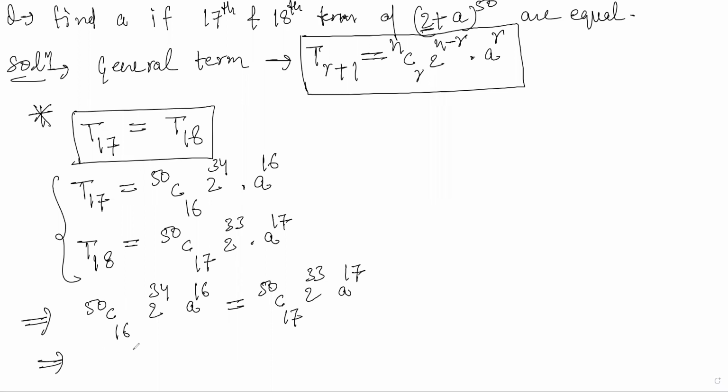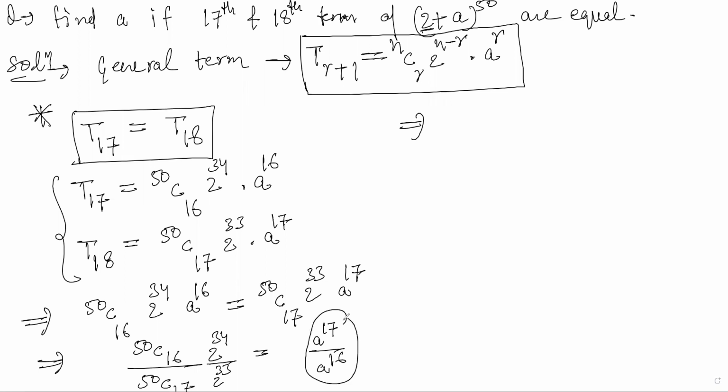You can simplify this: 50C16 divided by 50C17 equals 2 to the power 34 divided by 2 to the power 33, into a to the power 17 divided by a to the power 16. I have taken a to the power 16 to the right hand side and all the constants from right hand side to left hand side.